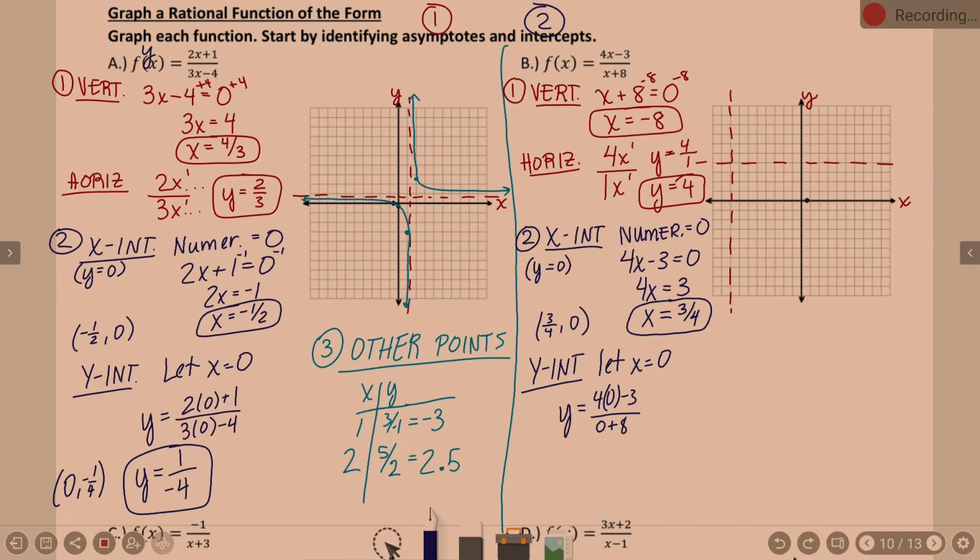What do we get? Yeah, negative 3 over 8. So a y-intercept of negative 3/8, or if you want the ordered pair, it's 0 comma negative 3/8. So 0 comma negative 3/8. What am I doing there? On my y-axis, I'm going down a smidge.